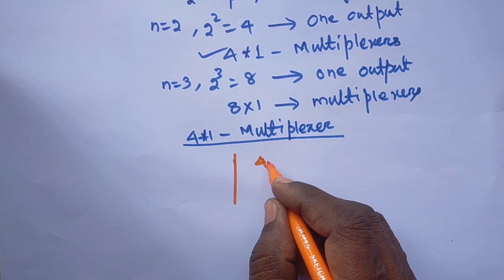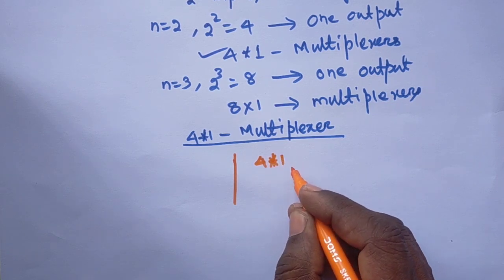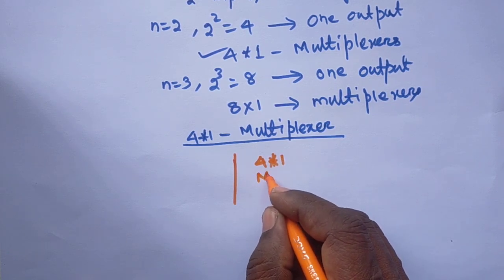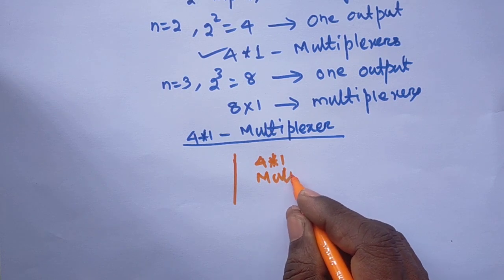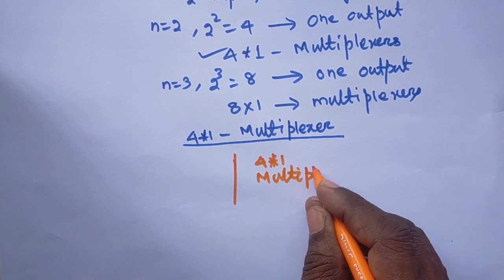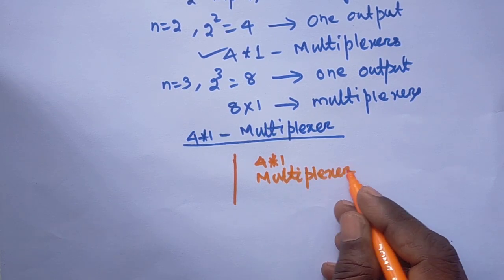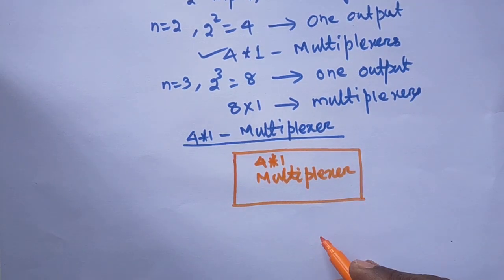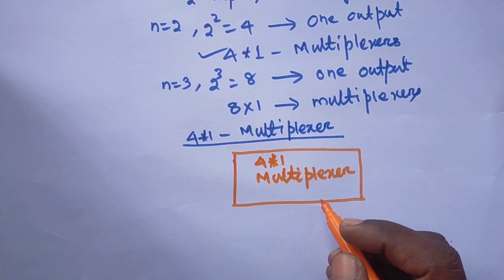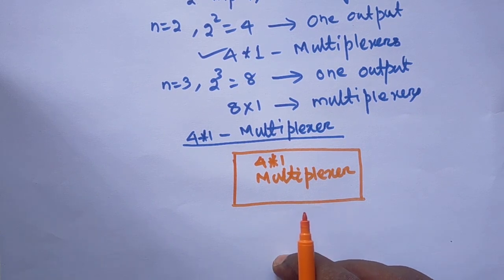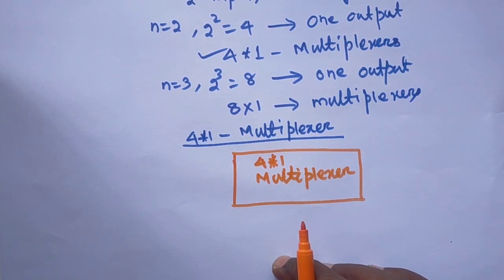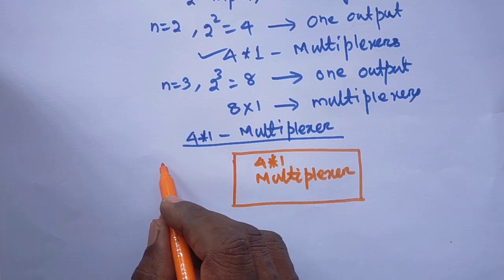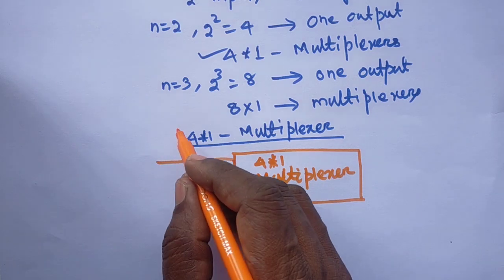like a 4 into 1 multiplexer in this way. Okay, 4 into 1 multiplexer. Then how many inputs will be provided to this multiplexer? You see, very simple. How many? 4 inputs.